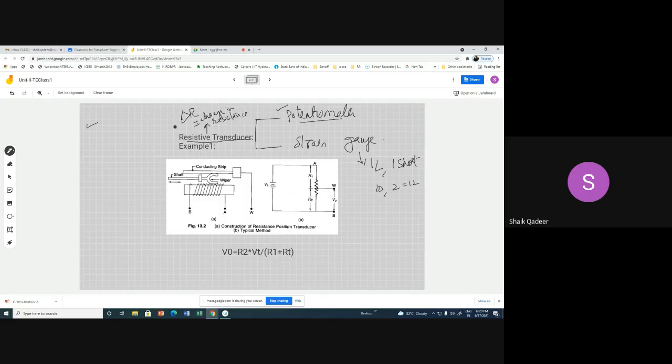It measures sensing information in the form of change in resistance, right? This is example 1. This is example 2. Can I proceed? Consider the potentiometer.